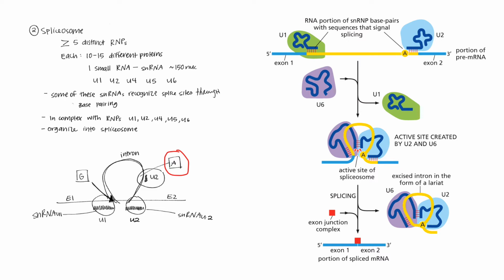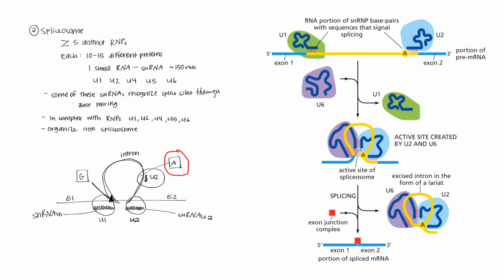Now, the way these things work is that some of these small nuclear RNAs recognize the base pairs at the exon-intron boundaries and base pair with them. So the recognition of these sequences is through base pairing by these small nuclear RNAs. They're in the complex with these proteins, and they organize into the spliceosome.